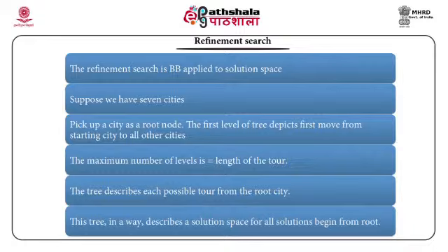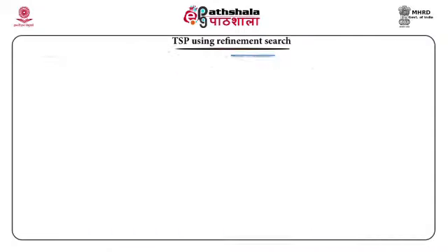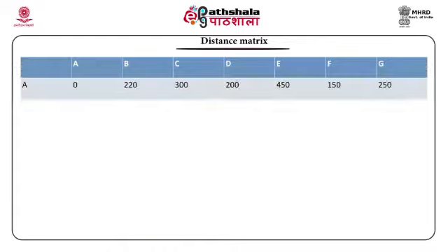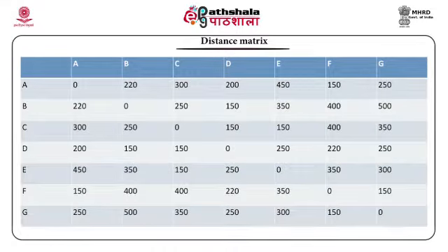Suppose I just pick up all cities, finding out distances between them. If you look at the next figure, TSP with refinement search, you can see that you will get the distance between every node to every other node, and that is also depicted as a table, as a distance matrix. So, from every node, every city, you have a distance to every other city.